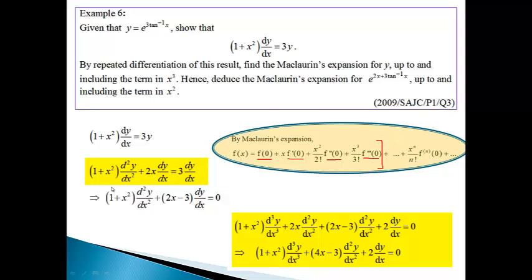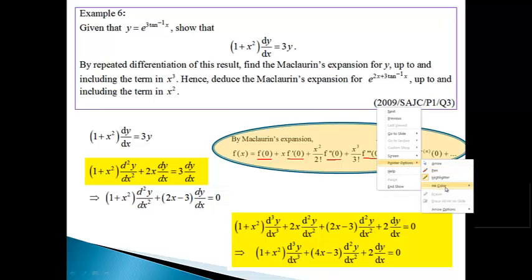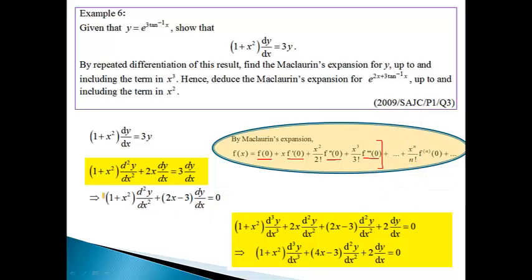We see the first term on my left hand side here as a product of 1 plus x squared and d2y dx squared. We'll eventually get what we have here. In this case, I won't go into the detail of it. So eventually we'll get this.